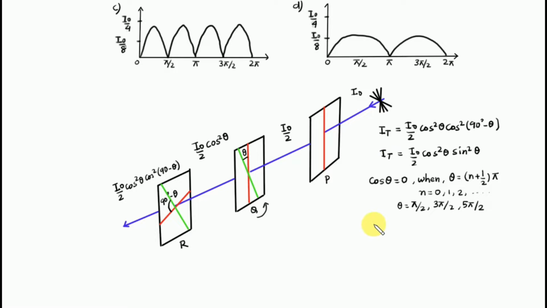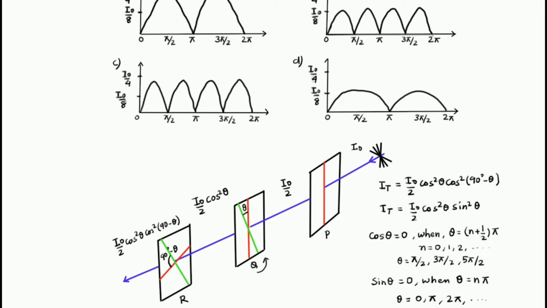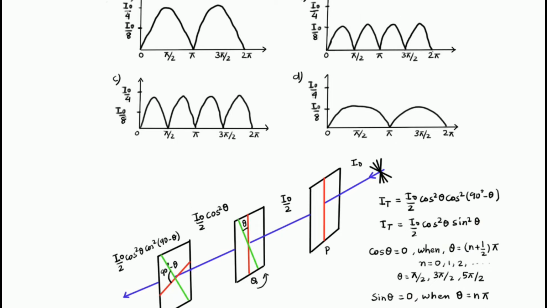It will also be 0 when sin theta is 0, and sin theta will be 0 when theta is equal to n pi, that is when theta is 0, pi, 2 pi and so on. So looking into the options, we find that the final intensity coming out of R will be 0 when theta is 0, pi by 2, pi, 3 pi by 2, 5 pi by 2.